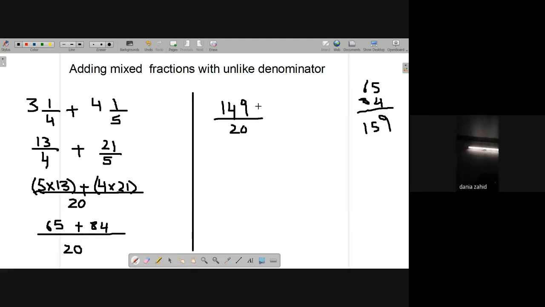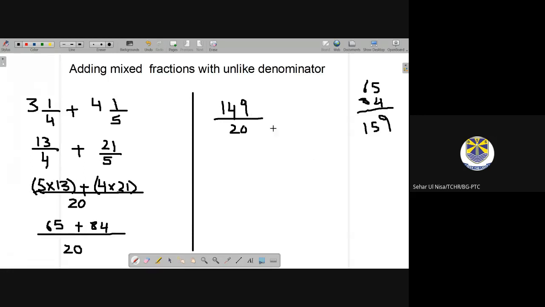No, teacher, because 149 is not available. Okay, 29 is a prime number and 29 is not able to come in any of the tables. So that's why we can't simplify it.